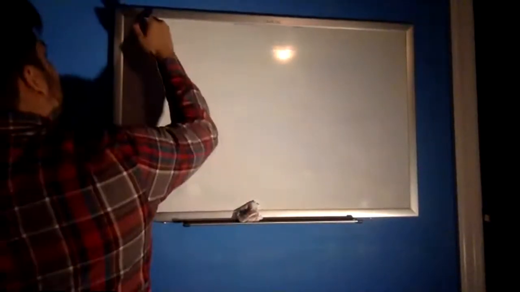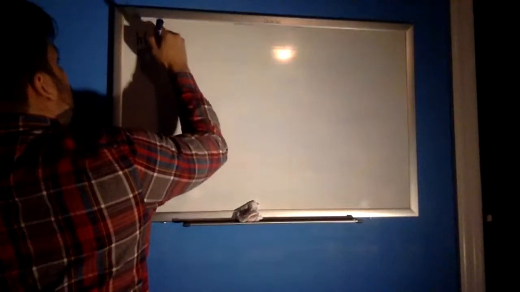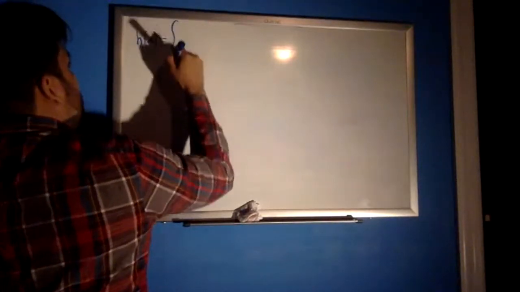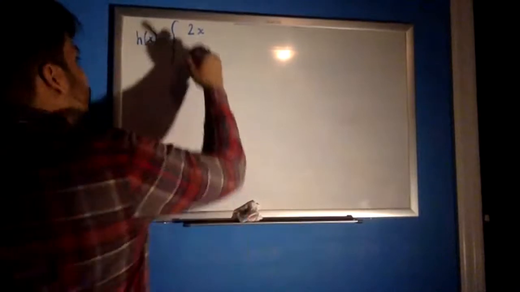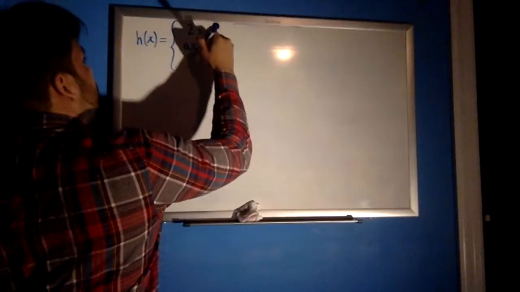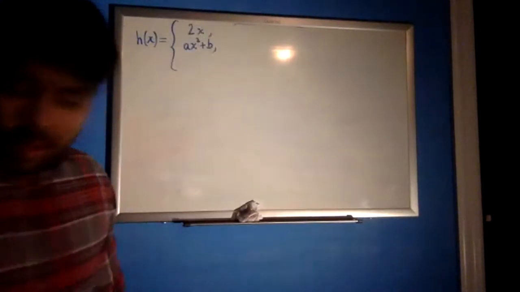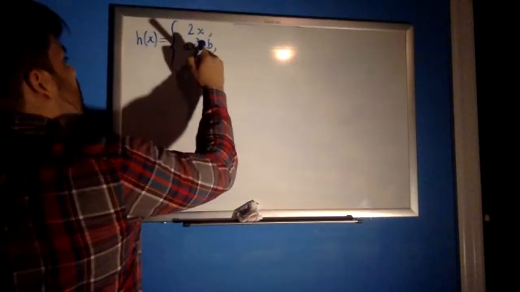It's h of x. So h of x is 2x, and then I have ax squared plus b, and I have 4x.